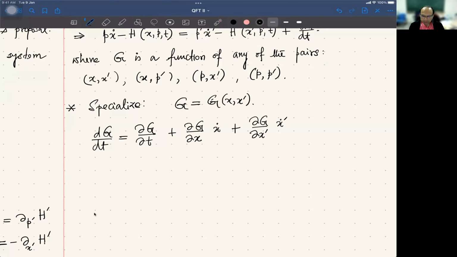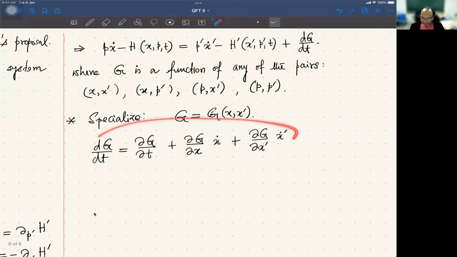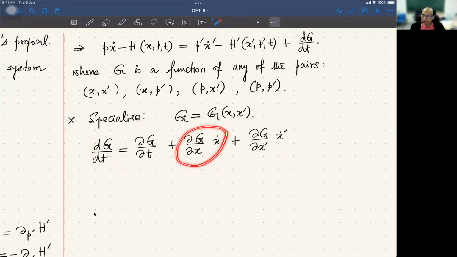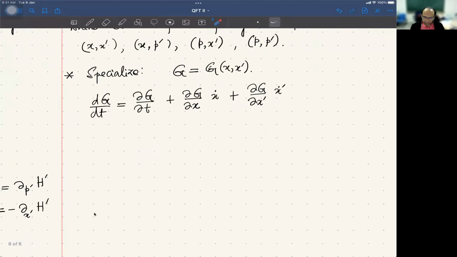And if you substitute this expression in here, then you see that the term with an x dot factor can pair up with this term, and the term with x dot prime will pair up with this term, and this term will pair up with this and this together.